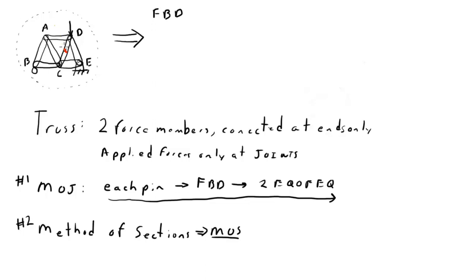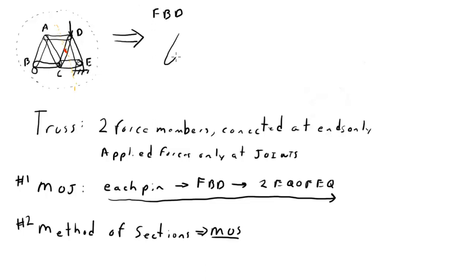So I'm going to draw an imaginary line right here that goes through AD, CD, and CE. And I'm going to draw a free body diagram of everything that's on the left side of that line, but I'm not going to draw the members that I've cut. So basically everything that's to the left of this little orange dotted line, but not including the members that I've cut. So let me do that real quick.